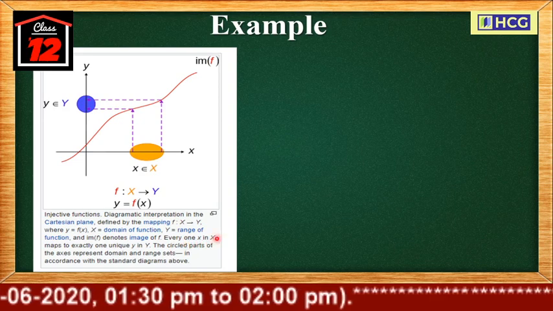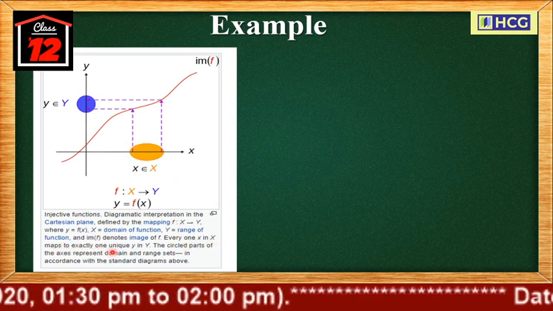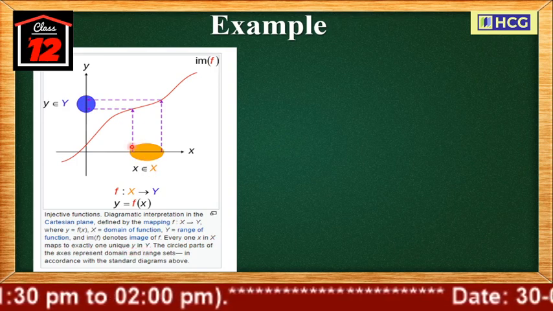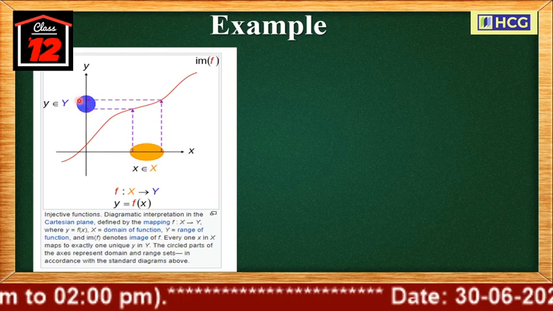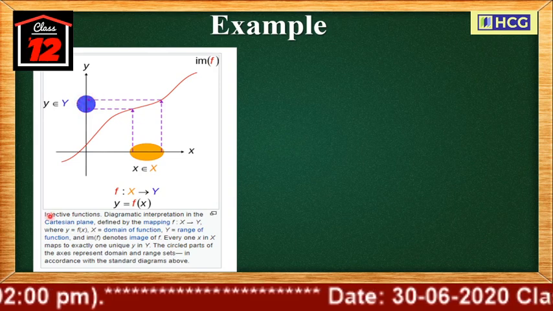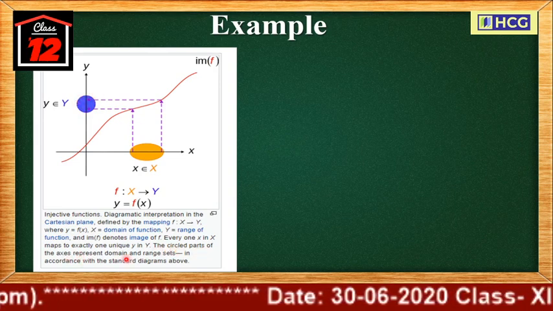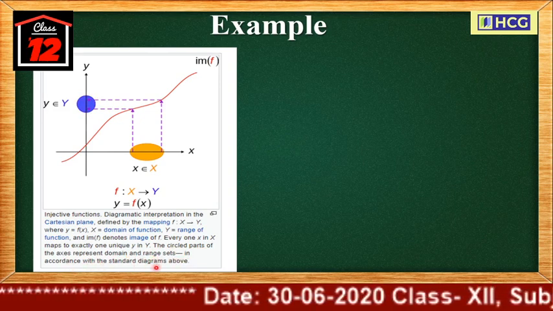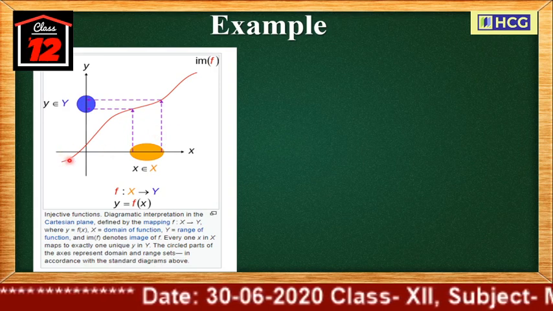Every one x in X maps to exactly one unique y in Y. That is, distinct elements in X have distinct images, and the circle part of the axis represents the domain and range sets in accordance with the standard diagram above. So, this is the example of a one-to-one function.